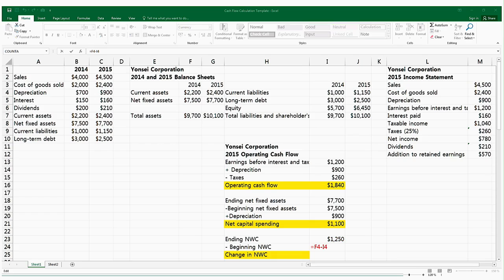Beginning net working capital is current assets in 2014 minus current liabilities in 2014. So it is $1,200. Change in net working capital is ending net working capital minus beginning net working capital. So it is $50.